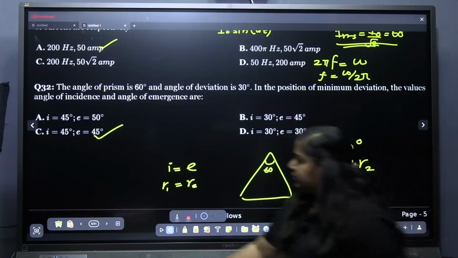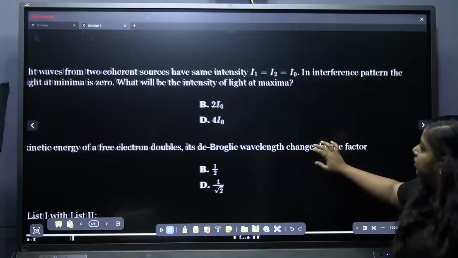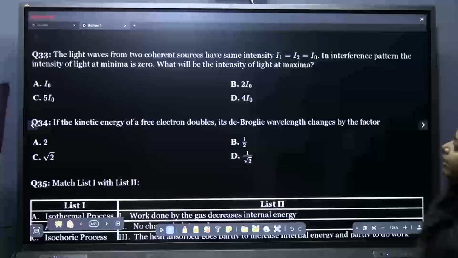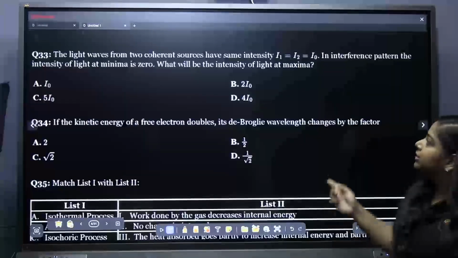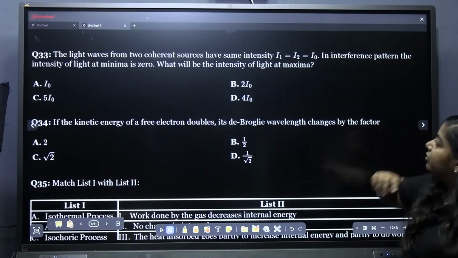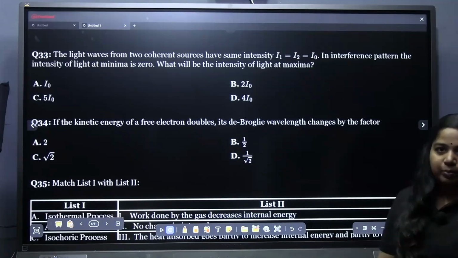We will go to the next question then. Question 33. Light waves of two coherent sources have the same intensity, I1 and I2 equal to I0. Interference pattern intensity for minima is 0. For maxima, what will be the intensity?